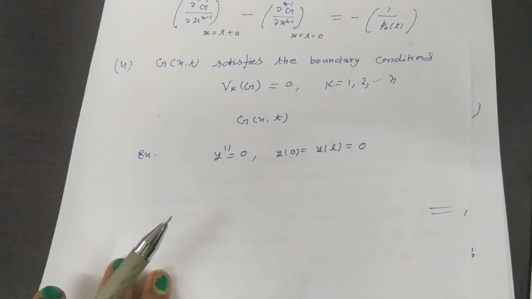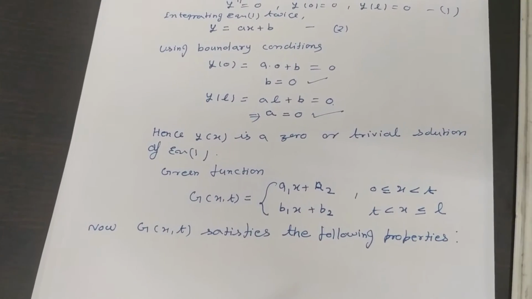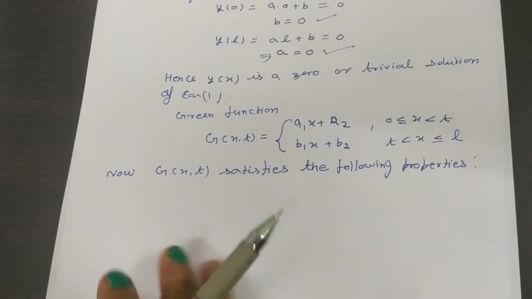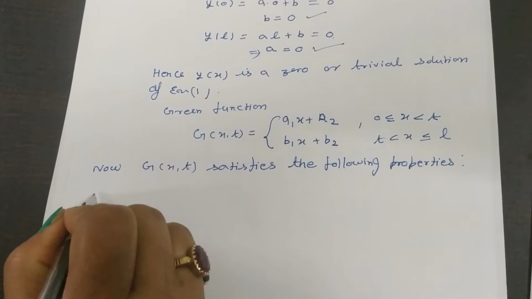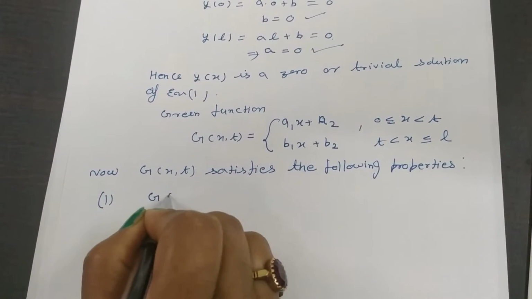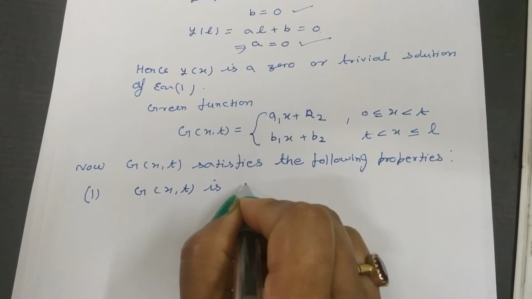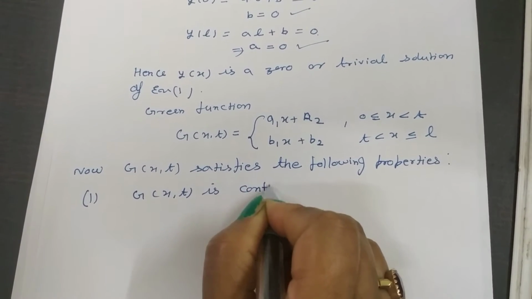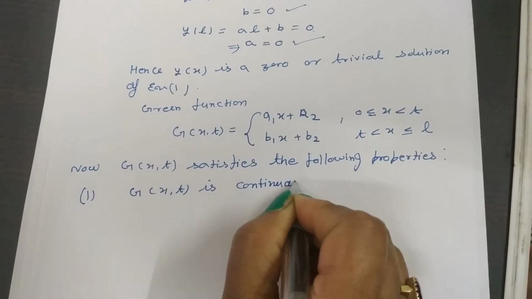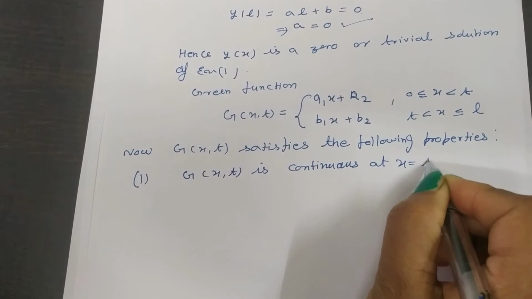Using the previous lecture, we can now apply the first property: G(x,t) is continuous at x equal to t.